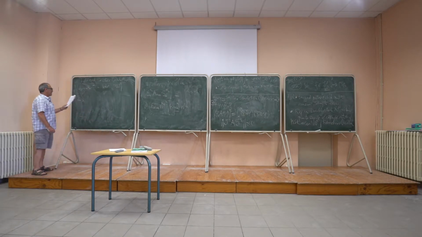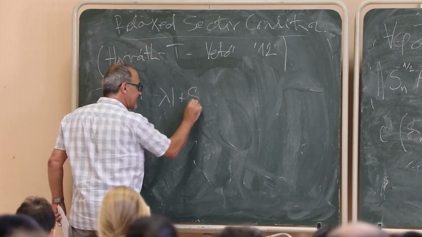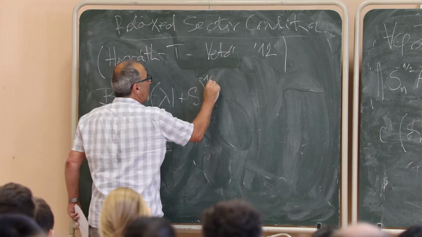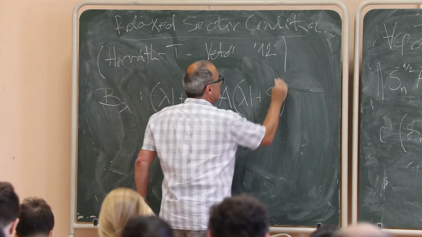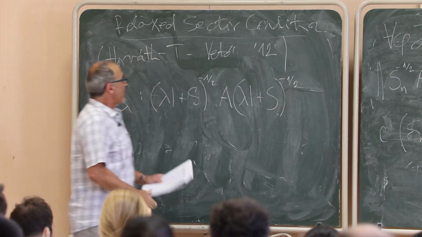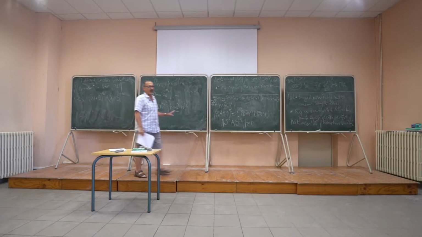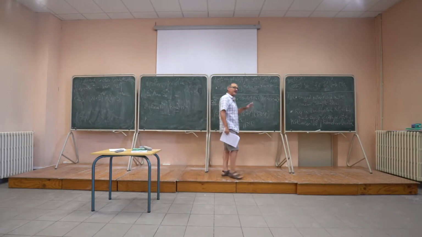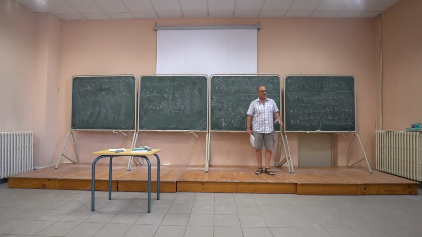Good. So I define B sub lambda as the following operator: (lambda identity plus S) to the minus 1/2, A, (lambda identity plus S) to the minus 1/2. Let's assume that A is a bounded operator, that the infinitesimal generator is bounded. I told you that there are unboundednesses which are just nuisance and unboundednesses which are essential.